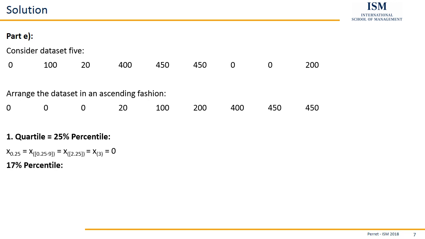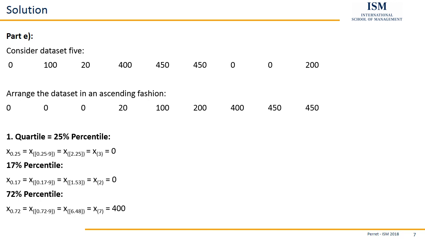With the 17% percentile, we could do the same calculation, but we know the 25% percentile is already 0. This is the lowest number, so the 17% percentile also needs to be 0. And we have to do some calculations for the 72% percentile. Here we calculate 0.72 times 9, giving us 6.48. Rounded up, this is 7, and at the 7th position we find 400.